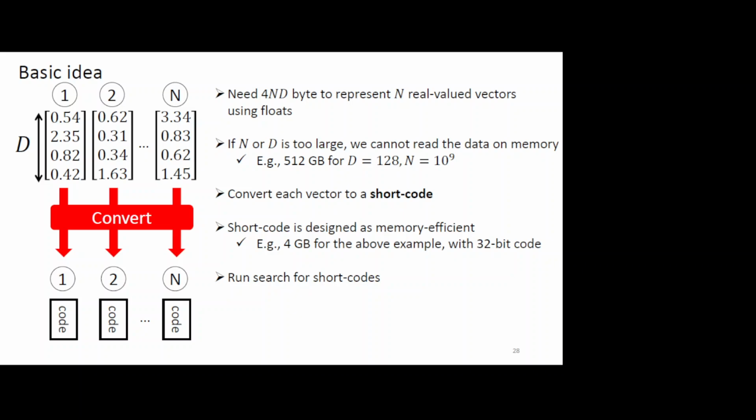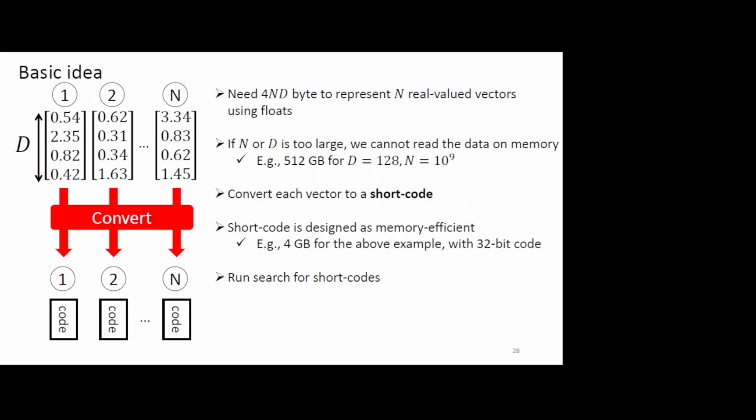So if your dimension is 128 and your number of data points is 1 billion, then storing the whole raw data in memory needs more than 500 gigabytes. It's very huge, right? But we only have 64 gigabytes, so you cannot load all the raw data.